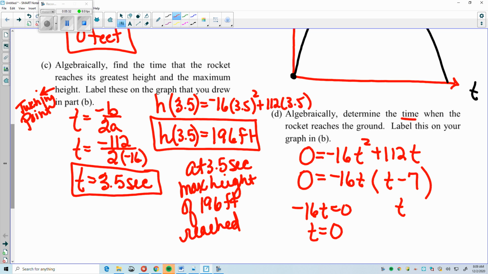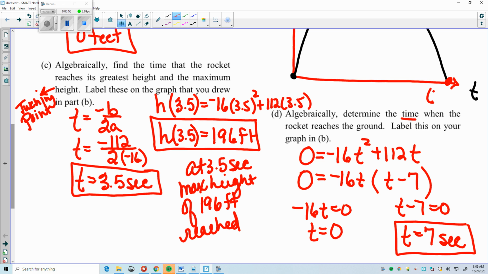And then if I set this equal to 0, I can find T is equal to 7, which is telling us that it would take a total of 7 seconds for the rocket to reach the ground. So if we were to label that on our graph, over here, this coordinate, I could say it would be (7, 0). It's 7 seconds it hits the ground, which is 0 feet.